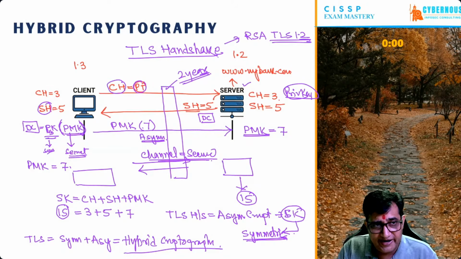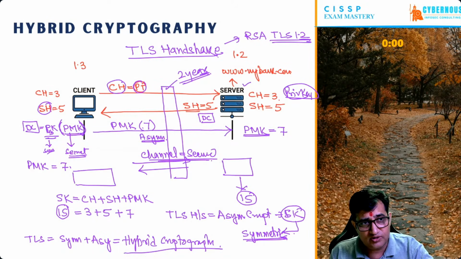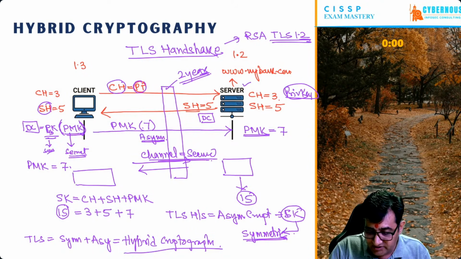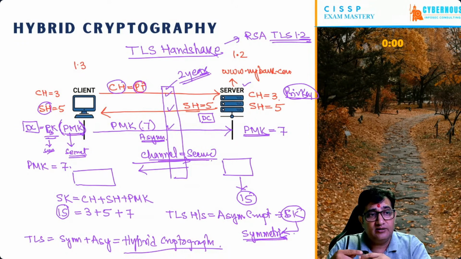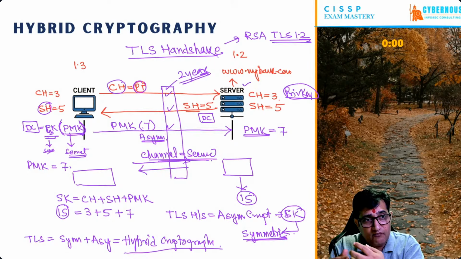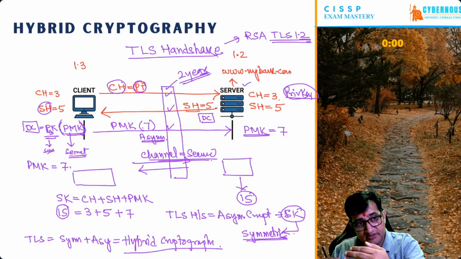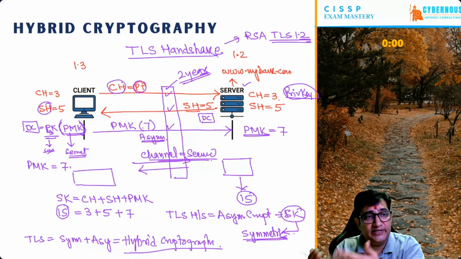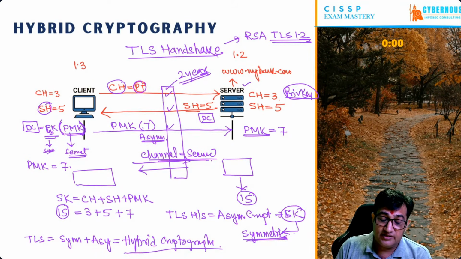Until now nobody had the private key, but somehow the attacker got the private key. You know what? Because he has all these three values, he can generate the session key for all those 2 years of transactions, and whatever you communicated in the last 2 years or 3 years, whatever it is, it can be known by the attacker. This is one of the challenges.